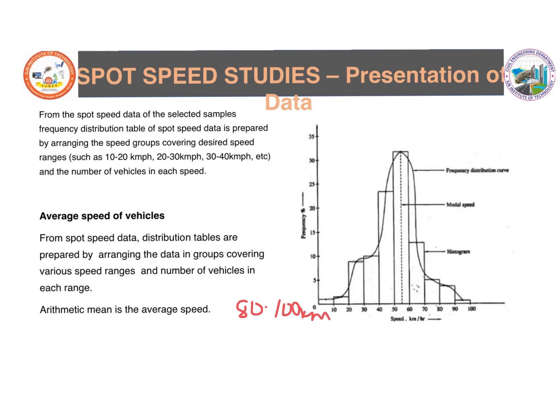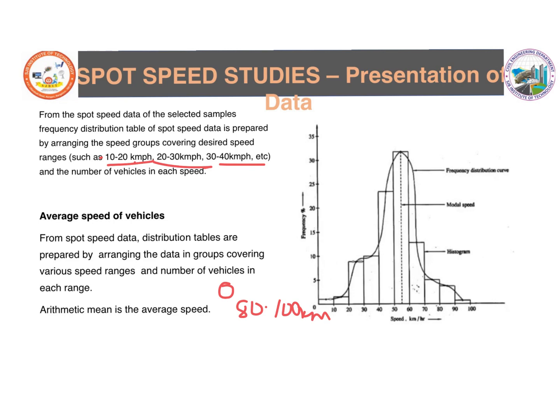At most, vehicles can travel at 100 kmph, and the minimum speed can be 0 kmph. So within 0 to 100 kmph, you have to group the data into various ranges. For example, 10 to 20 kmph, 20 to 30 kmph, 30 to 40 kmph, like that you group into the various speed ranges.